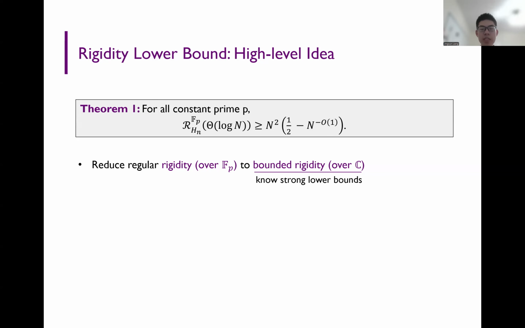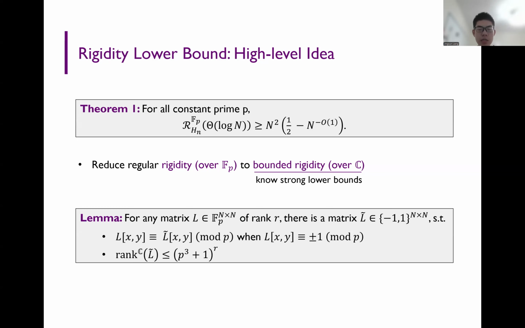Specifically, we establish a transformation that allows us to take the low-rank approximation L of H_n over a finite field as an input and transform it to a binary matrix L tilde, which approximates H_n as well as L, with its rank bounded over the complex field C, suffering an exponential blow-up in the rank.